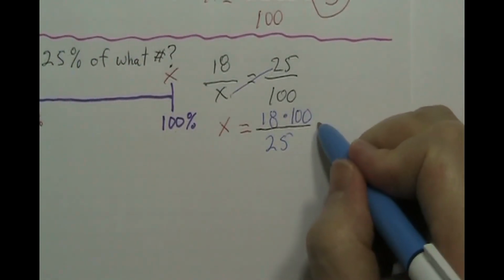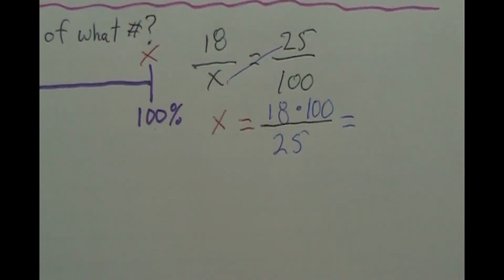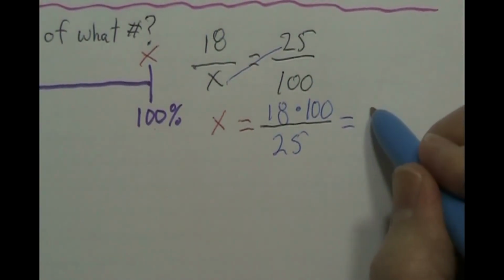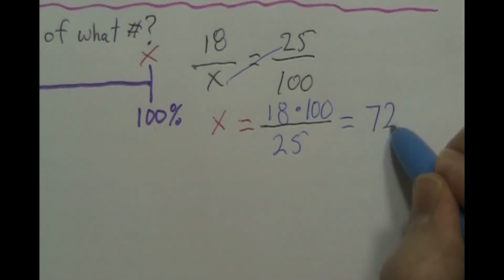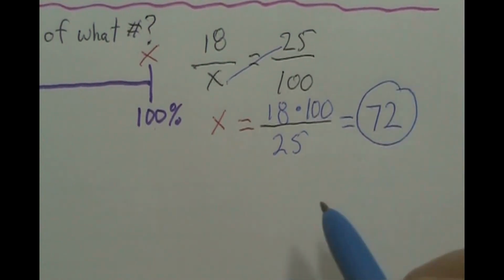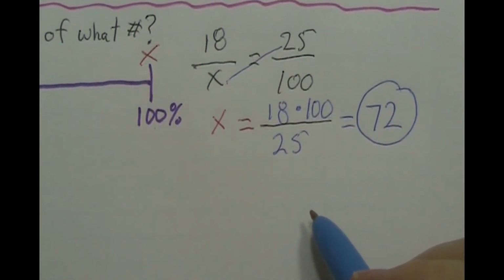Then you can calculate that using a calculator, and the answer is 72. Right? 18 out of 72 is the same as 25 out of 100.